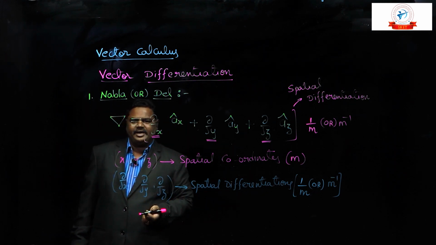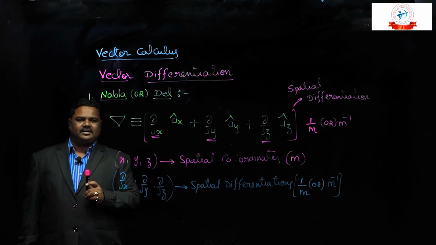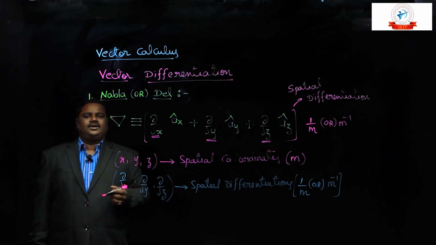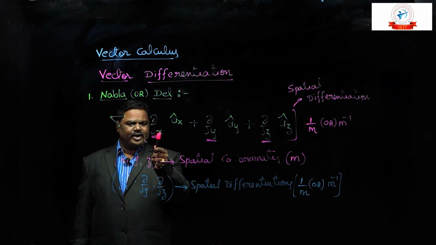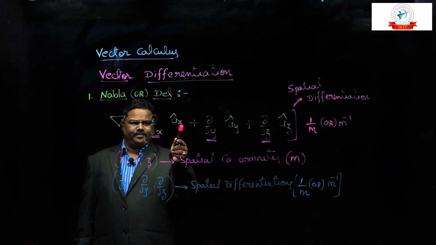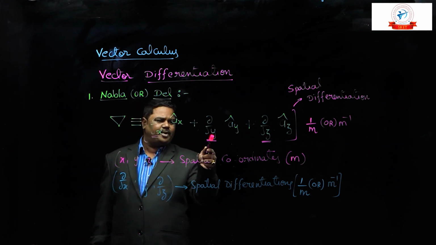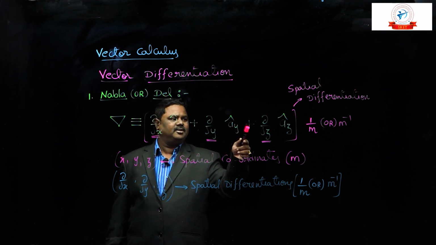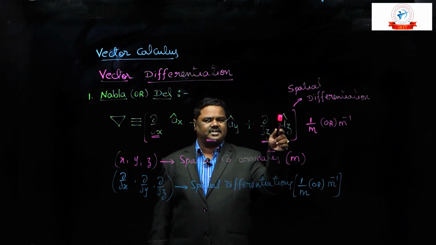And then, the second point: we need to know whether this del operator is a vector or a scalar. Now, if you observe, each term of the del operator has dou by dou x multiplied with a x cap, the x-axis direction; dou by dou y into a y cap, the y-axis direction; plus dou by dou z into a z cap, the z-axis direction.